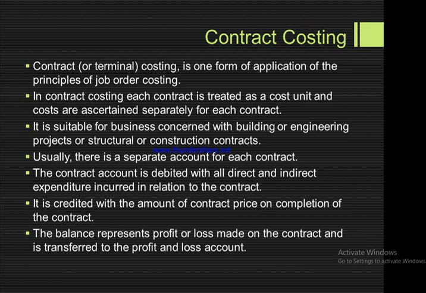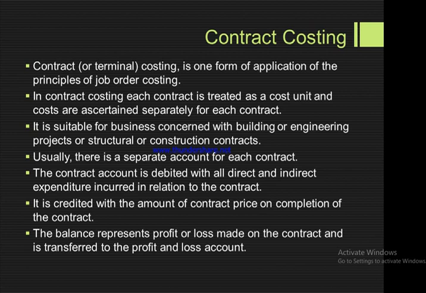Hence it becomes necessary for them to understand what is the cost they are incurring for completing each unit of the contract. So the contract account is basically debited with all the direct and indirect expenditure incurred in relation to the contract. It is also credited with the amount of contract price on completion of the contract.